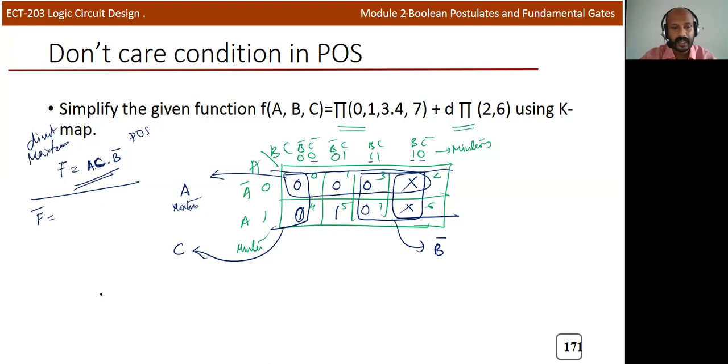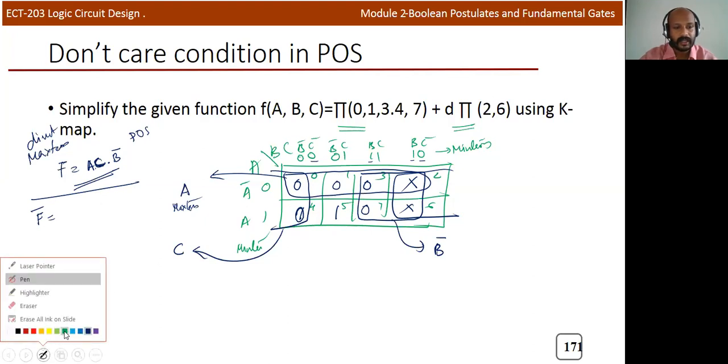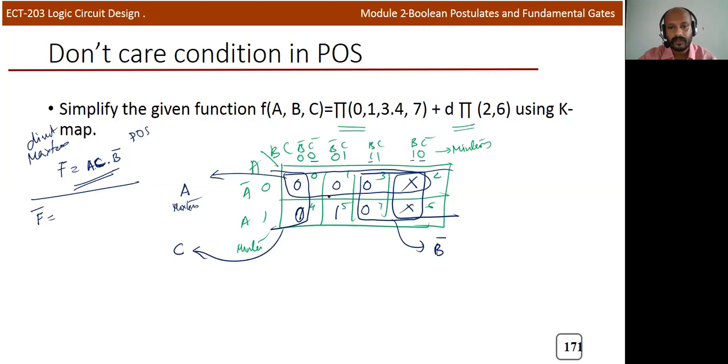Instead of writing that, if you write the complement of it: for this particular group, the min term is A bar. For the second group, the first and last is C bar, which is a min term representation.